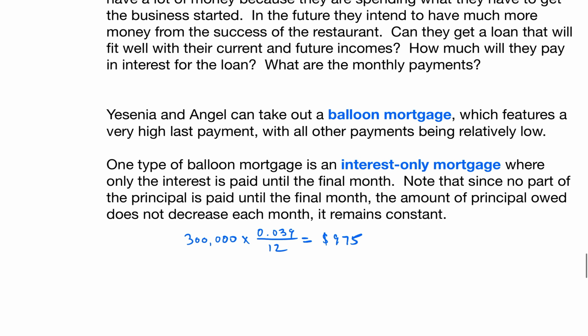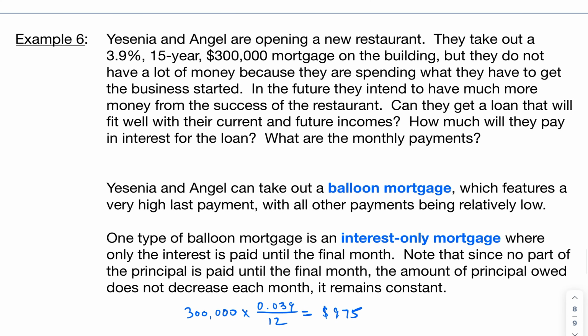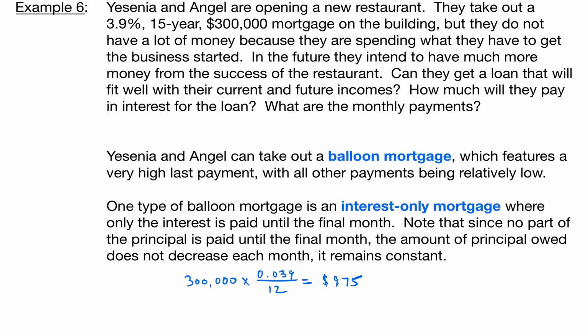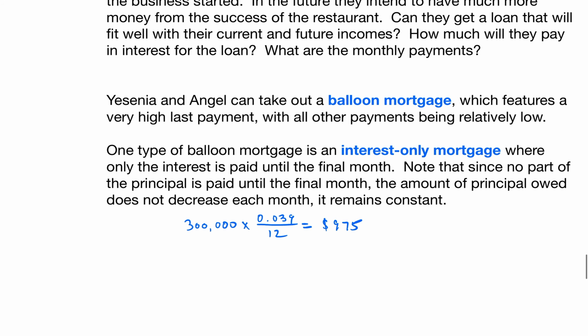So they are borrowing this loan for a 15-year period. So 15 years works out to 180 months. That means they're going to pay $975 for 179 months. So we're going to need to multiply 975 by 179 months.